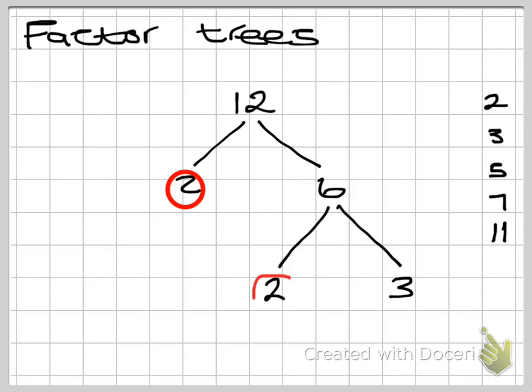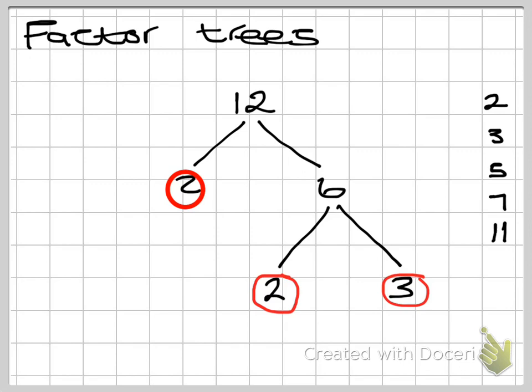So 2 and 3 are both prime numbers. Okay, and now I've come to the end of my sum of doing factor 3s. As simple as that. How do I know when I'm at the end? When both of my last numbers are prime numbers, which is 2 and 3.